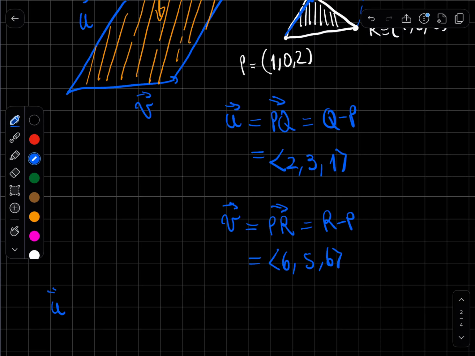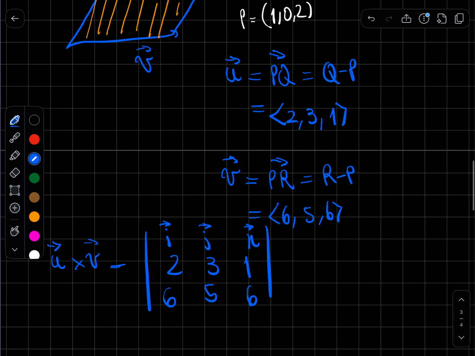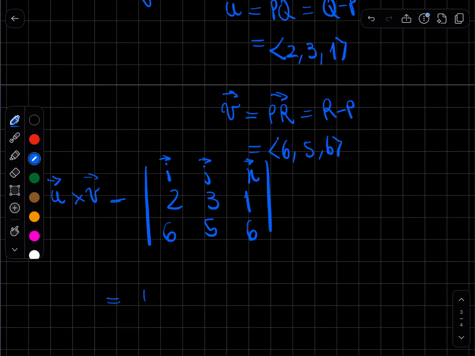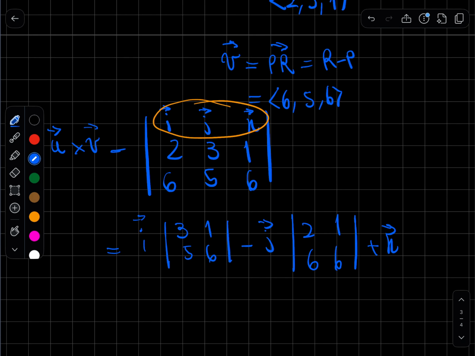And then I'm going to do the cross product of these two. It's I, J, K, 2, 3, 1. I'm trying to not make mistakes here, but if I do, I'll trust you to find them. Expansion by the first row one more time. This is going to be I times the determinant 3, 1, 5, 6, minus J times 2, 1, 6, 6, plus K times 2, 3, 6, 5.